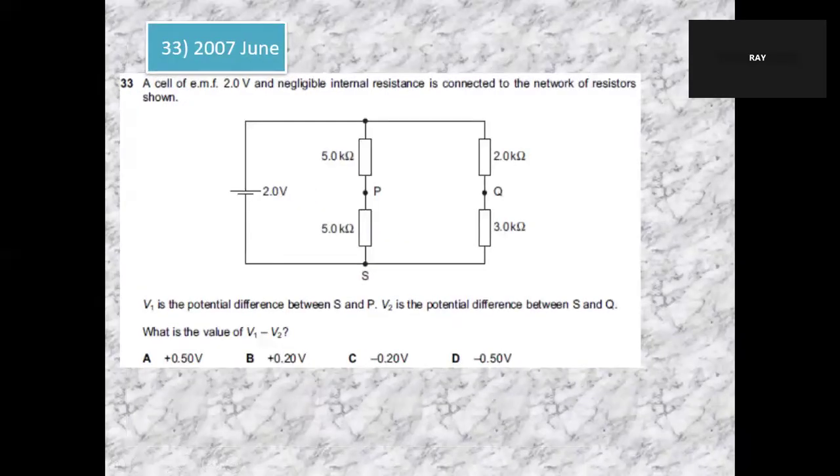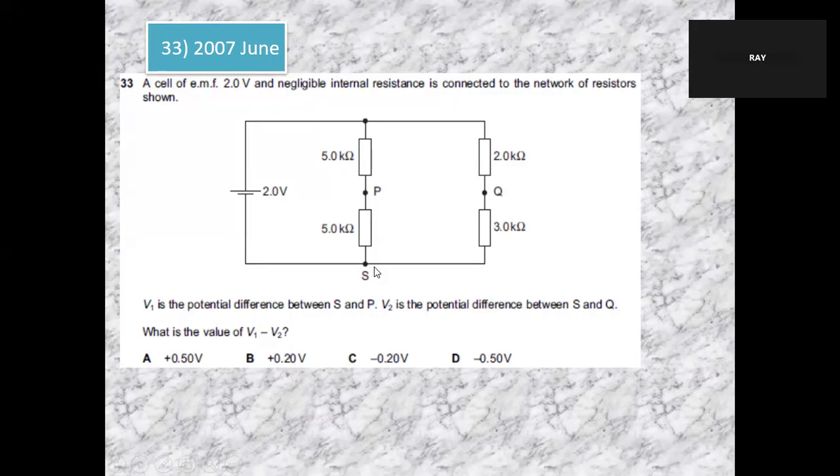Okay, 33. Cell 2 volt, no internal resistance. There's a resistor. V1 is the potential difference between S and P. Right? V2 is the potential difference between S and Q. Right? S is our reference point.